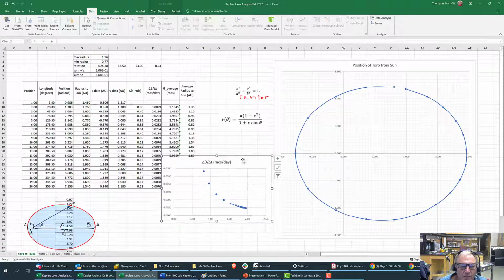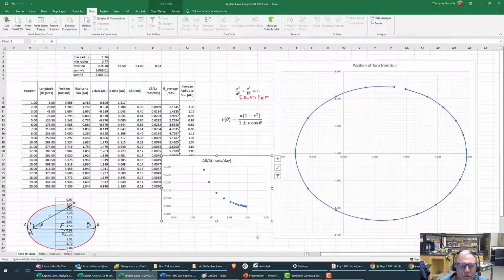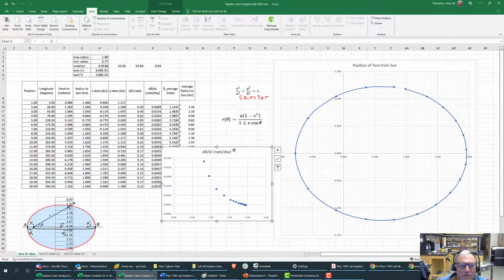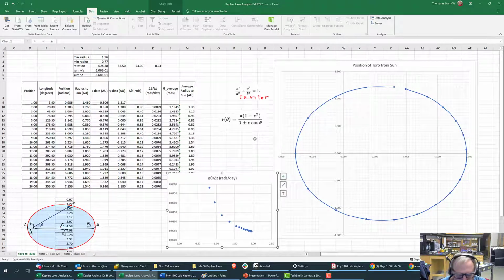Anyways, another thing I did is I wanted to calculate, so Kepler's laws, like the equal areas and equal times, means that when it's closer, it has to go faster, huh?